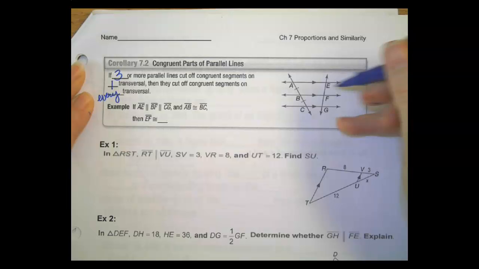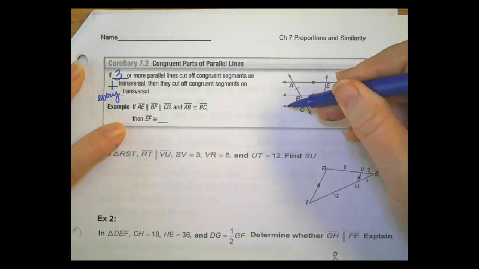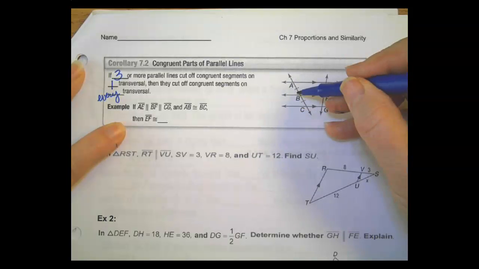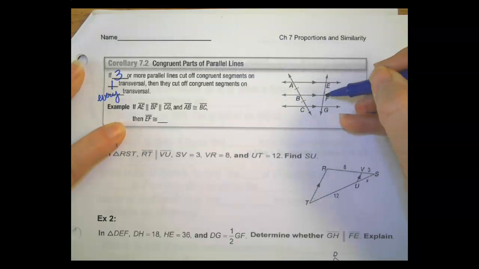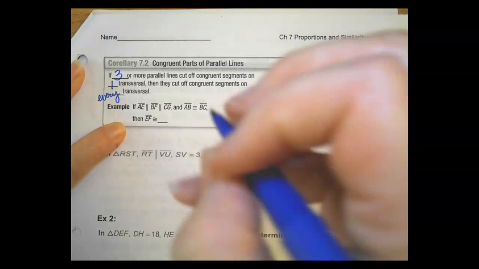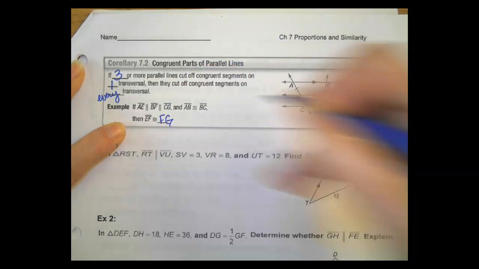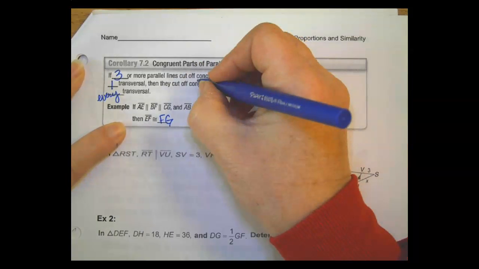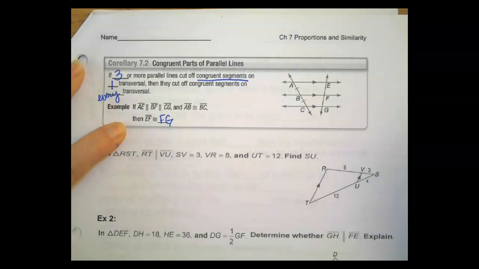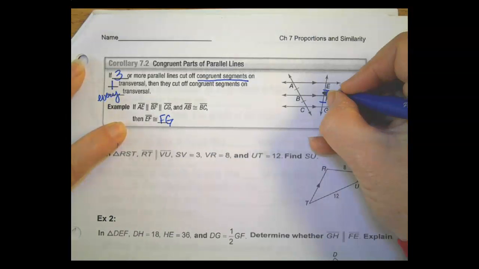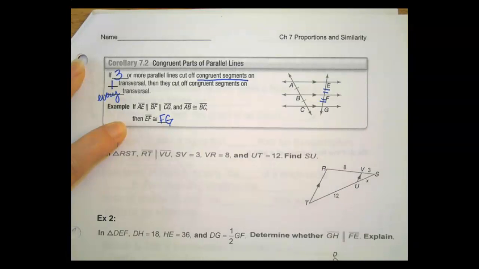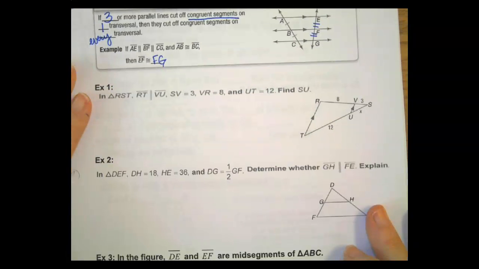So if AE is parallel to BF, is parallel to CG, then AB is congruent to BC, and EF would be the same as FG. Congruent segments, okay, like that. These are not necessarily the same as those, so we'll mark them twice. Okay, so let's see this in action.